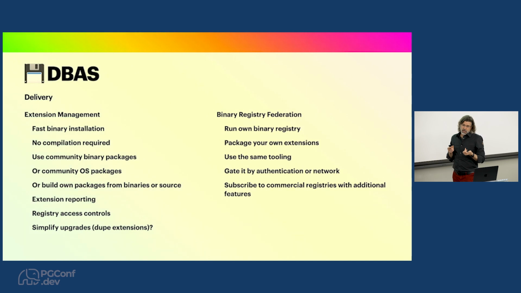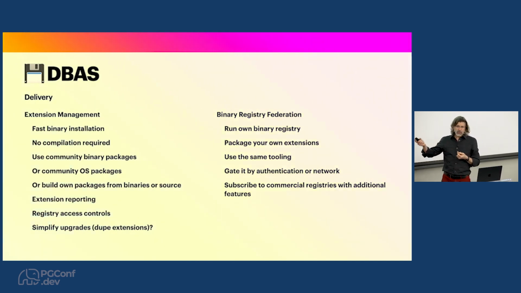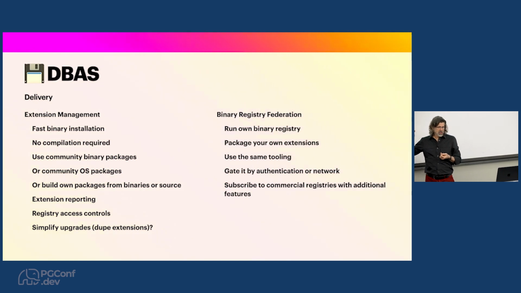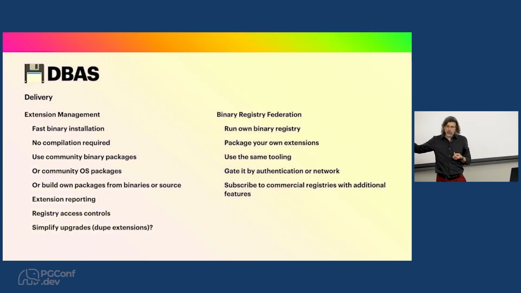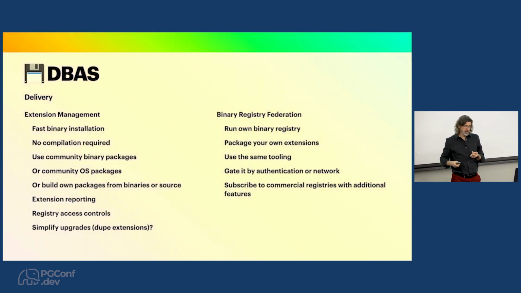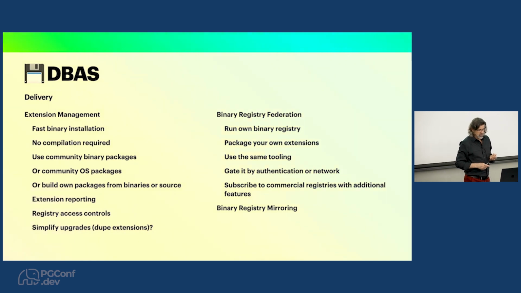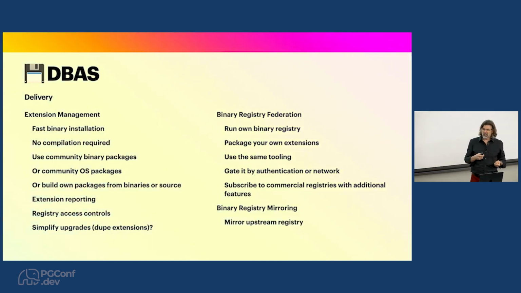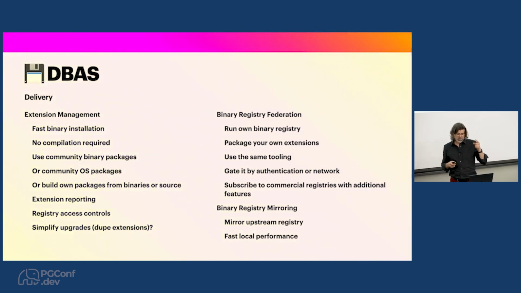And maybe they say, okay, we actually want to subscribe to a registry provided by some commercial entity that does some extra layer of security scanning not provided by the community stuff or something like that. That would be a useful option for them as well. The ability to mirror binary registries and have them close by so that things can be more efficient for doing the installs and builds when we need them. So I could think of a whole bunch of stuff for DBAs.